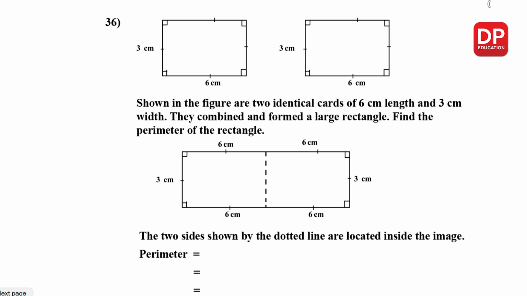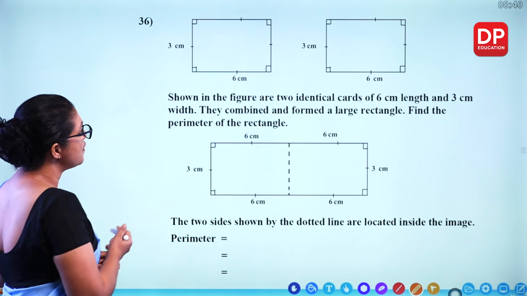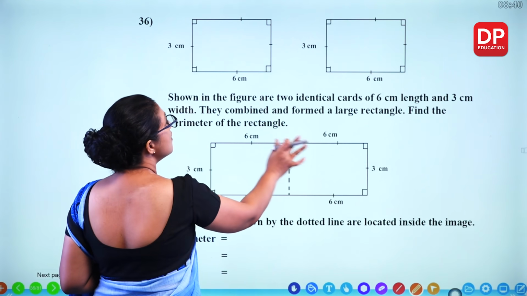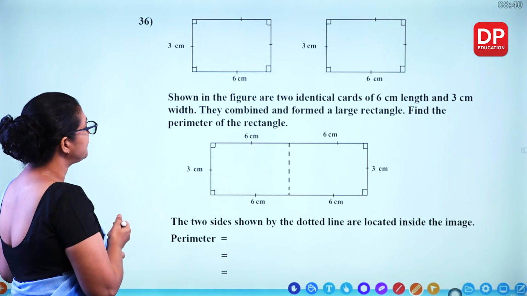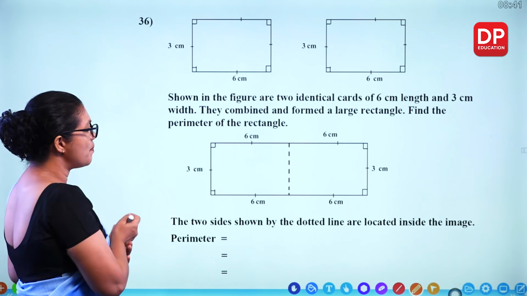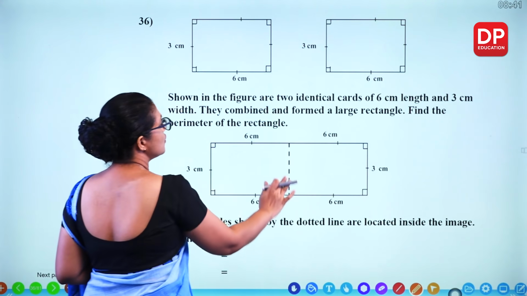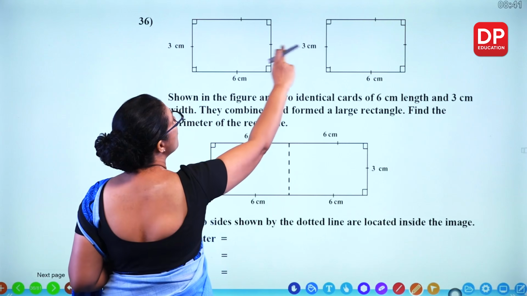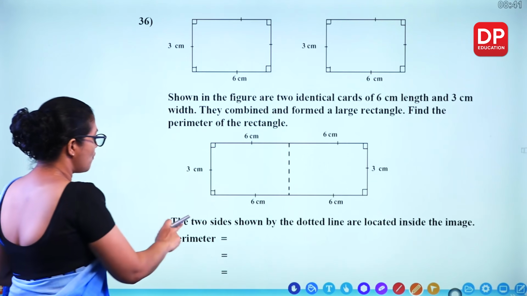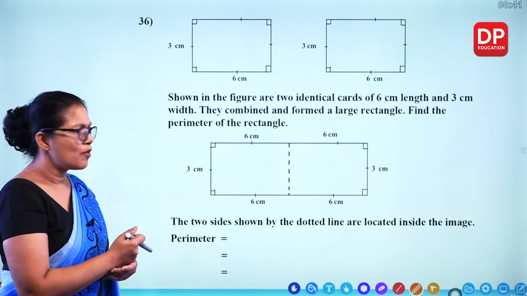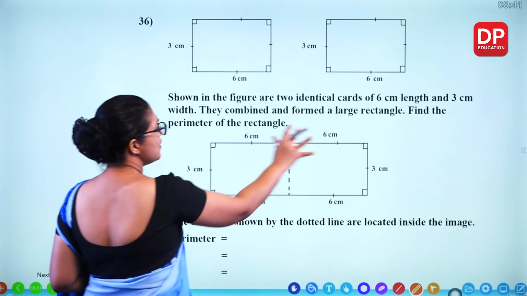Shown in the figure are two identical cards of 6 centimeters length and 3 centimeter width. They combined and formed a large rectangle. Find the perimeter of the rectangle. So this is the combined figure. The two sides shown by the dotted lines are located inside the image. So here this side overlaps with this one. Now find the perimeter. So we'll take outer length of this one.